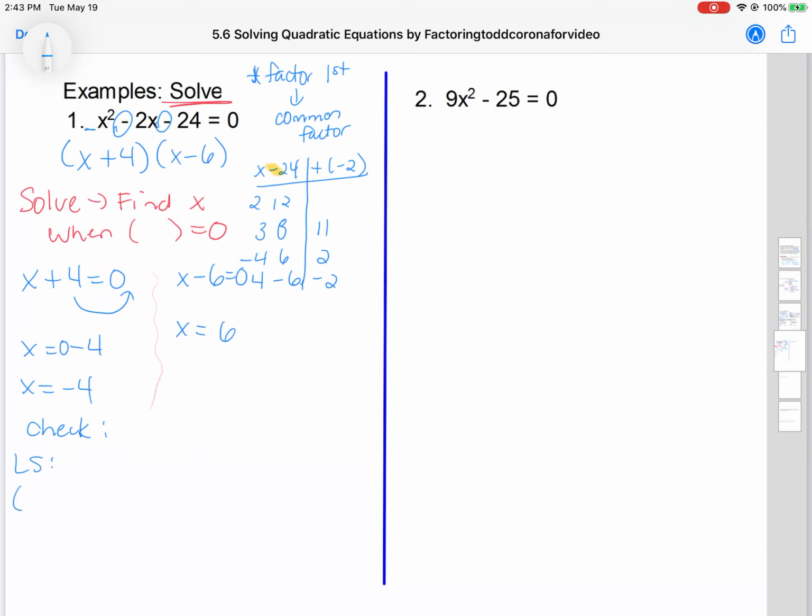Okay, so now we're going to check in both as well. So the left side, negative 4 squared minus 2 times negative 4 minus 24.